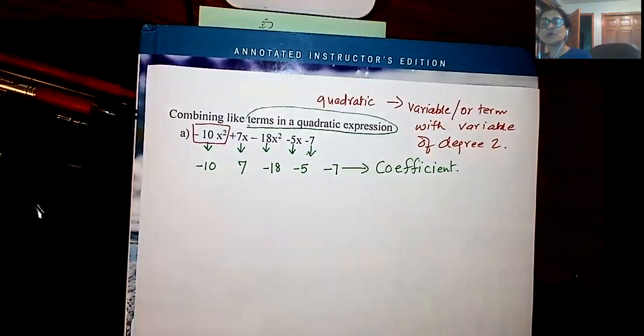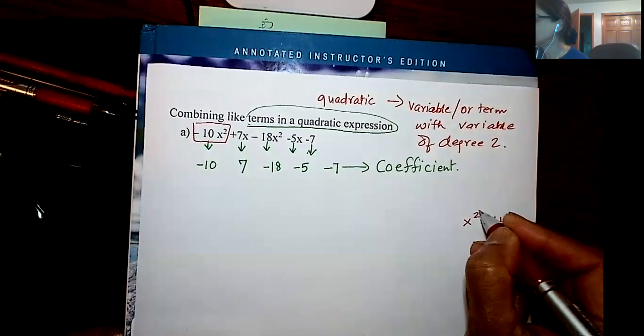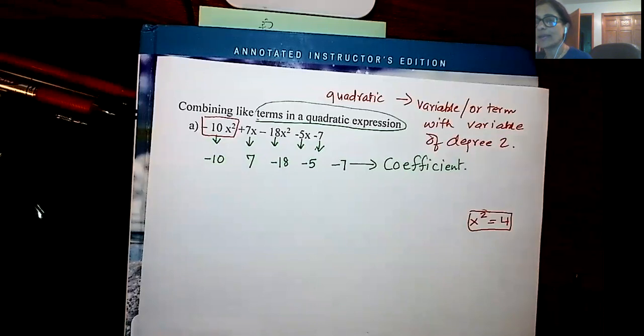So whenever you have an algebraic expression where the highest power of the variable is 2, then that expression is called a quadratic expression. If you have an equation where the degree of the variable is 2, then it is called a quadratic equation.